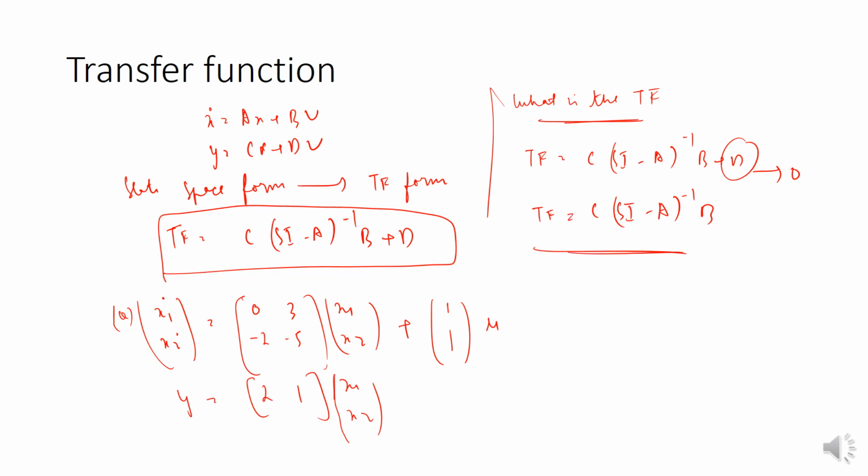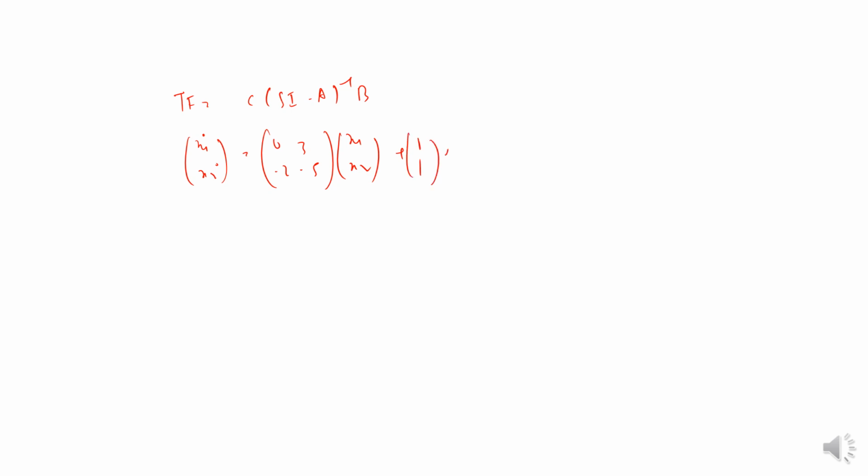Now let us find this transfer function, C into (sI minus A) whole inverse into B. Given x1 dot, x2 dot is equal to 0, 3, minus 2, minus 5, times x1, x2, plus 1, 1 times u, and y is equal to 2, 1 into x1, x2.